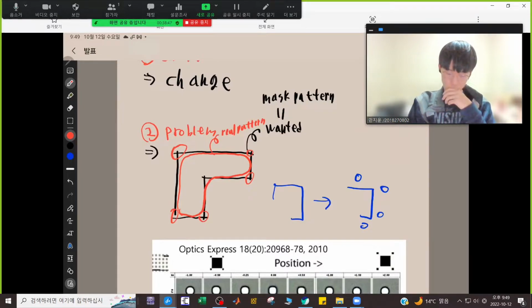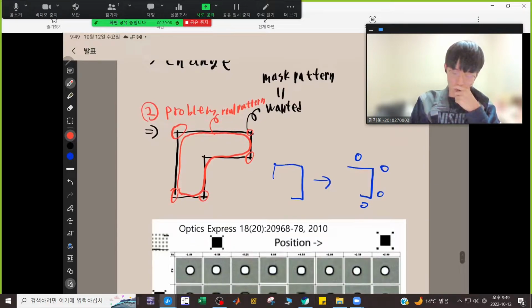So the light exposed right at the edge is shorter than we expected, so the pattern is rounded.